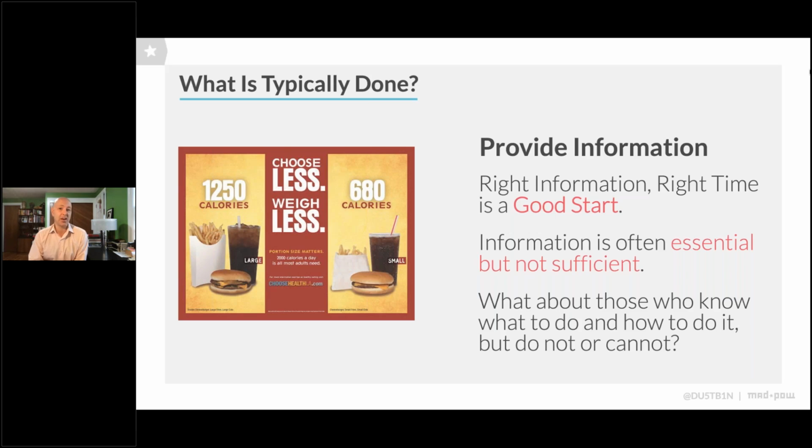Right information at the right time is certainly a thing we should be doing, but information on its own is essential, but not sufficient in most cases, right? We can think about all those cohorts of population that know what to do, they know how to do it, they may know why it's a good thing, but they don't do it or they can't do it.